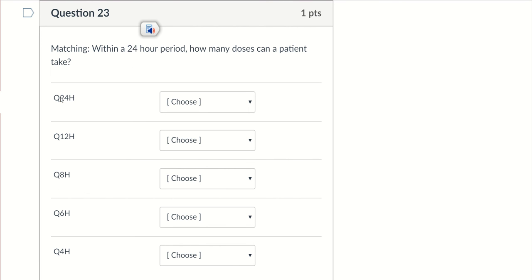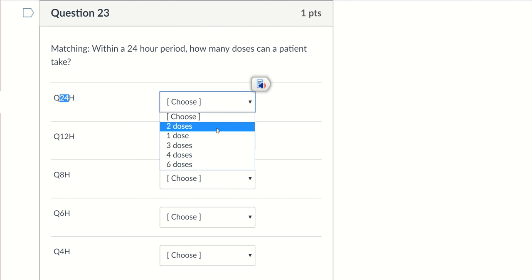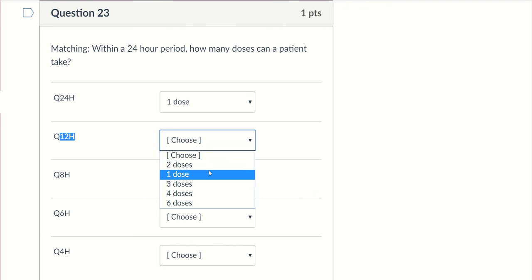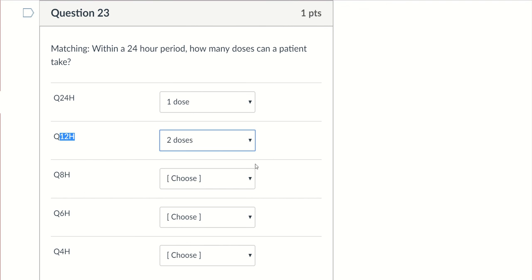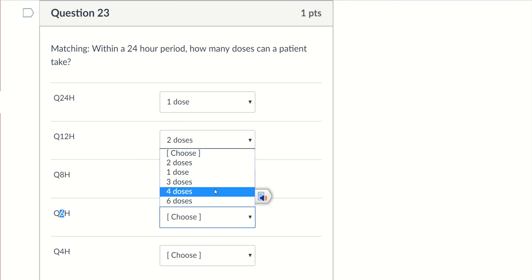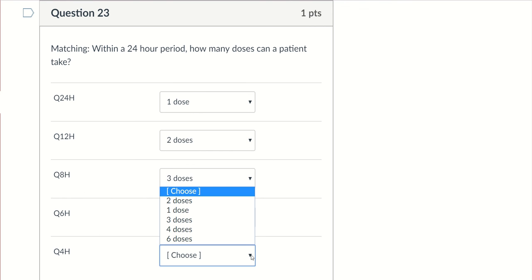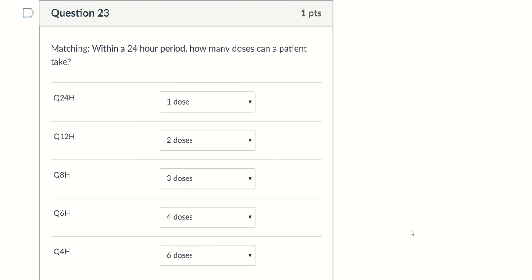So 24 divided by 24 is one dose per 24-hour period. 24 divided by 12 would give you 2 doses in a day. 24 divided by 8 would give you 3 doses in a day. 24 divided by 6 would give you 4 doses in a day. So don't look at the hours, look at the number of doses. So 24 divided by 4, you can take this drug 6 times in a day.